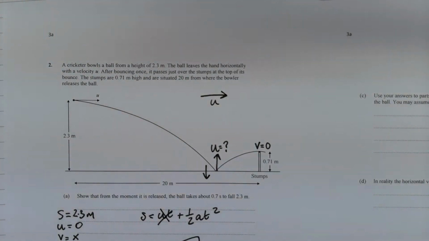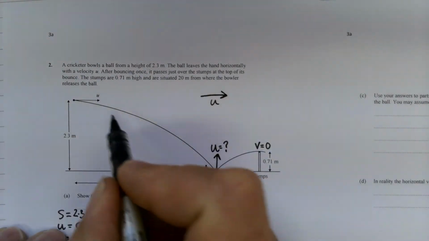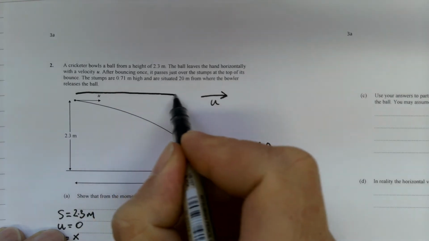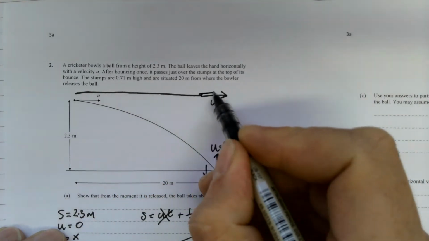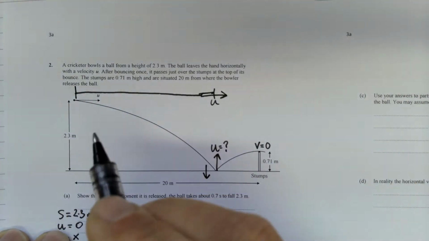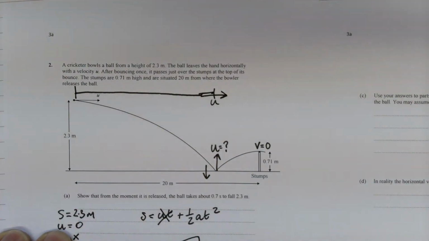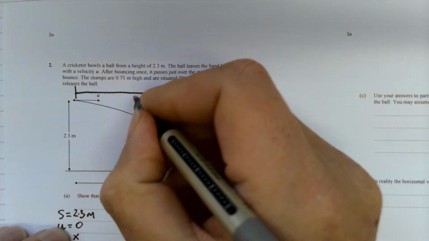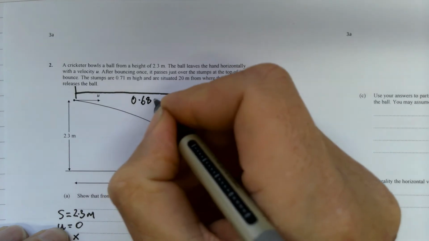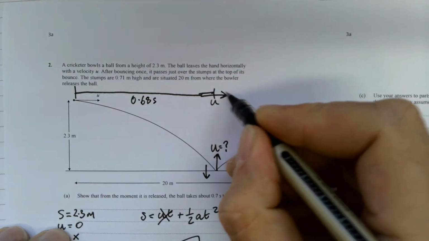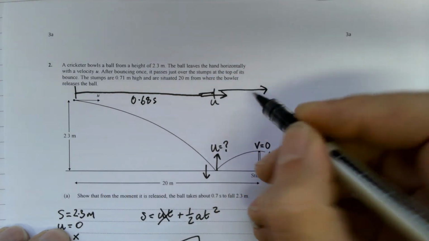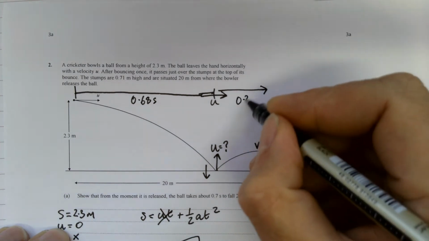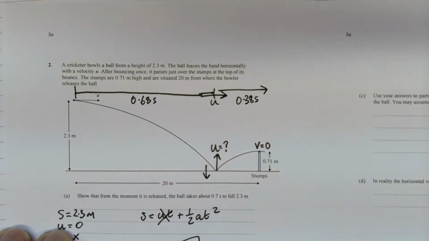From the previous two parts of the question, we know it took 0.68 seconds until it bounces, and then to rise back up again took a further 0.38 seconds. And suddenly this makes this really, really easy, doesn't it?